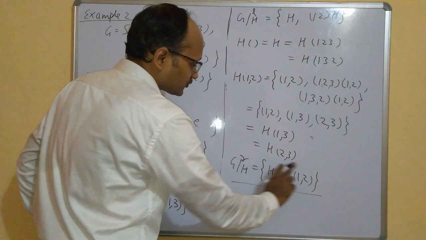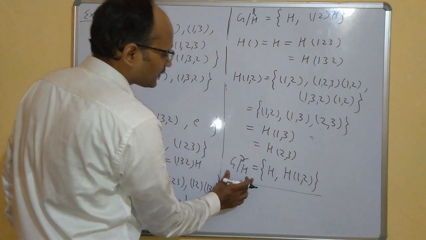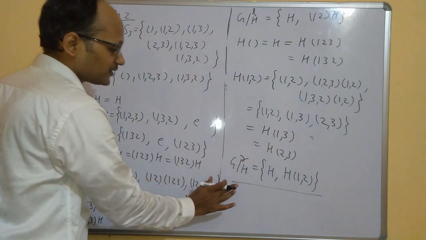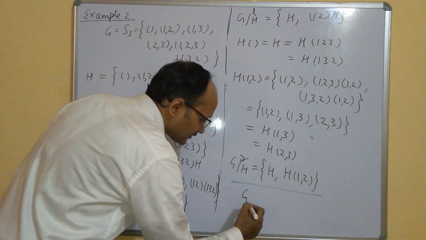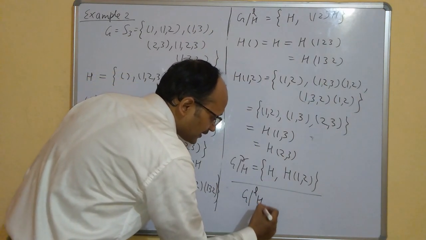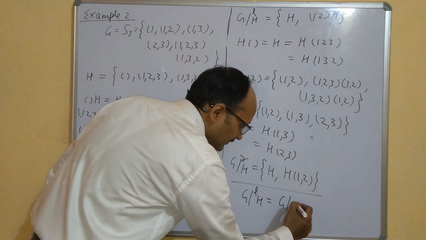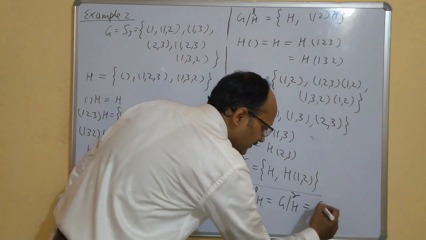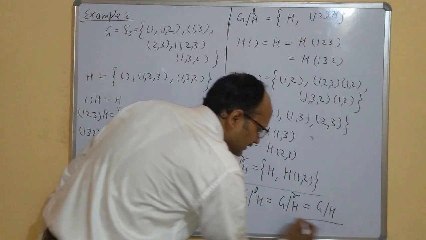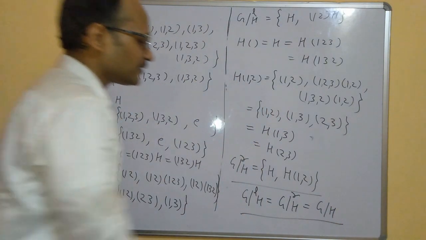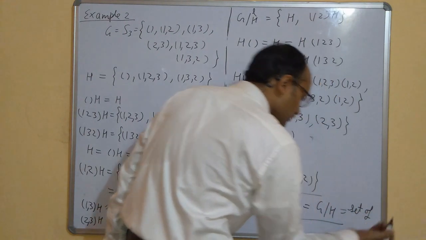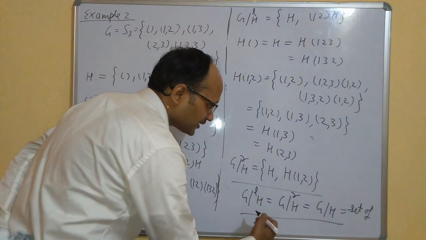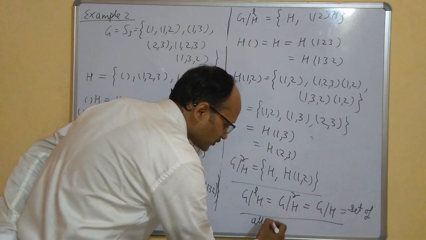But it is not always true that the set of all left cosets and right cosets are equal. When the set of left cosets and right cosets are equal, then we simply write it as G/H, that is the set of all cosets of H in G, because left cosets and right cosets are the same thing.